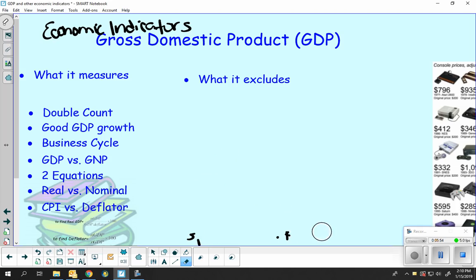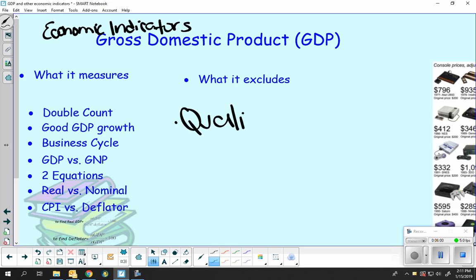Continuation of this list. It doesn't look at the quality of life. Just because a country is really rich doesn't mean it's the greatest place to live. They might not have access to clean water. I'm looking at you, Flint, Michigan. They might not have access to doctors or a good education, or maybe voting is restricted, or it's a dictatorship.